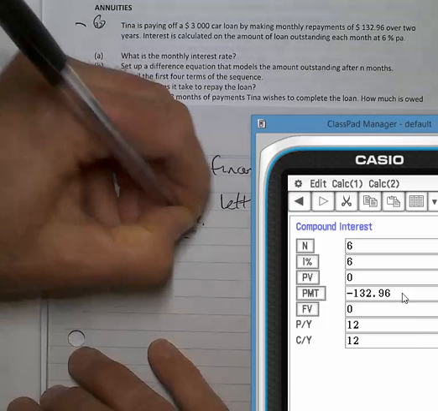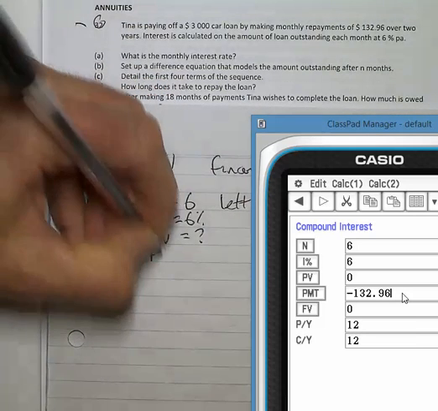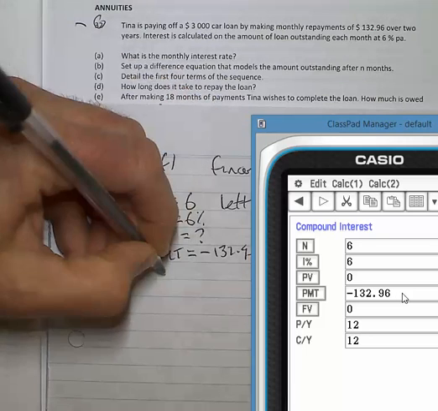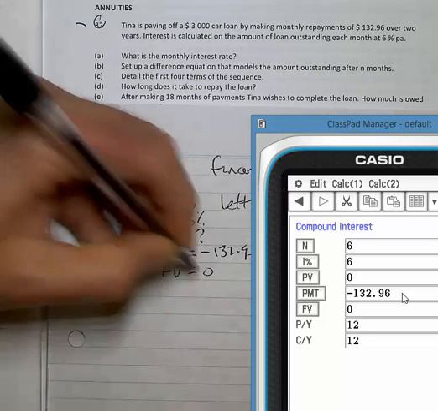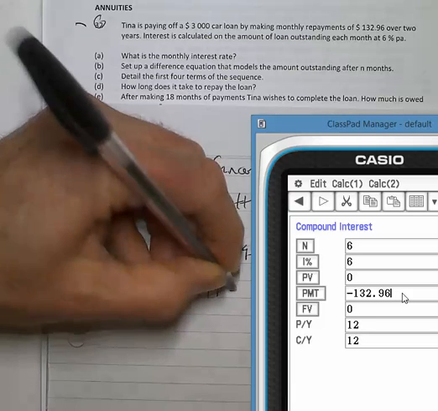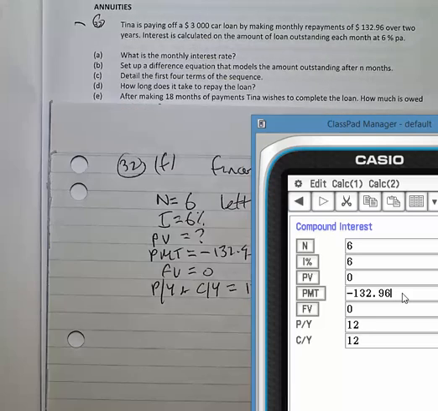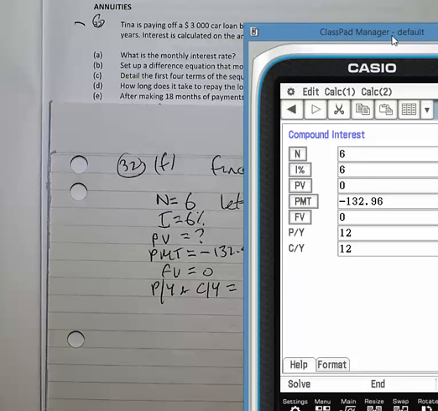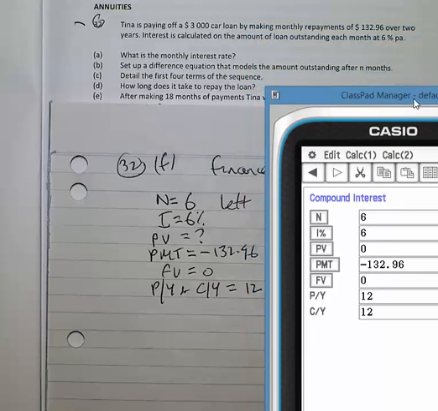I'll put all these figures in. Future value, we want our loan to come down to 0. Our payments per year and compounding per year are going to be 12. And the last thing I've got to do is just to make sure it's at the end, because interest is charged at the end of the month.